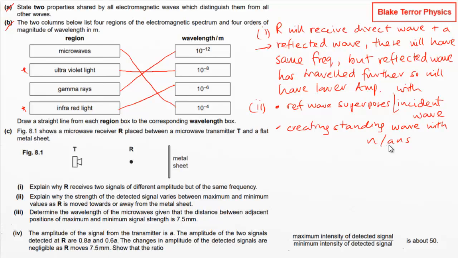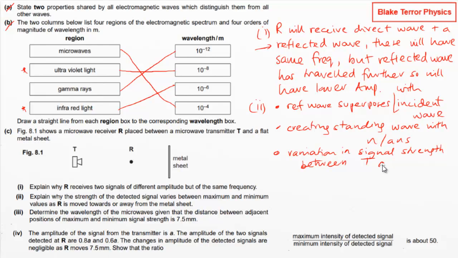Actually, we might need to say a little bit more than that, because they are talking about moving R towards or away from the metal sheet. So this means we're going to have a variation in signal strength between T and the sheet.